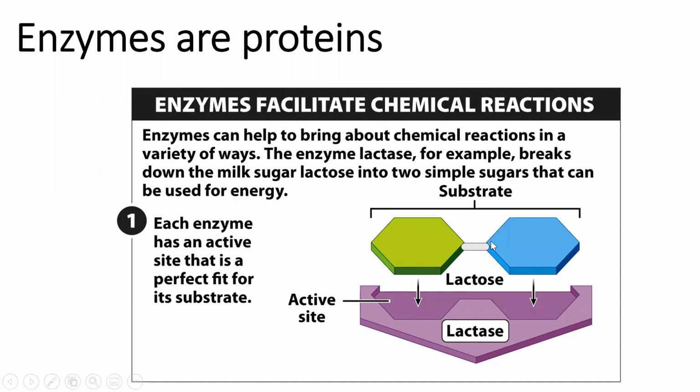So a substrate will bind to an enzyme and it's going to bind to an exact location on the enzyme known as the active site. And basically, it is the perfect fit for the substrate, the active site.